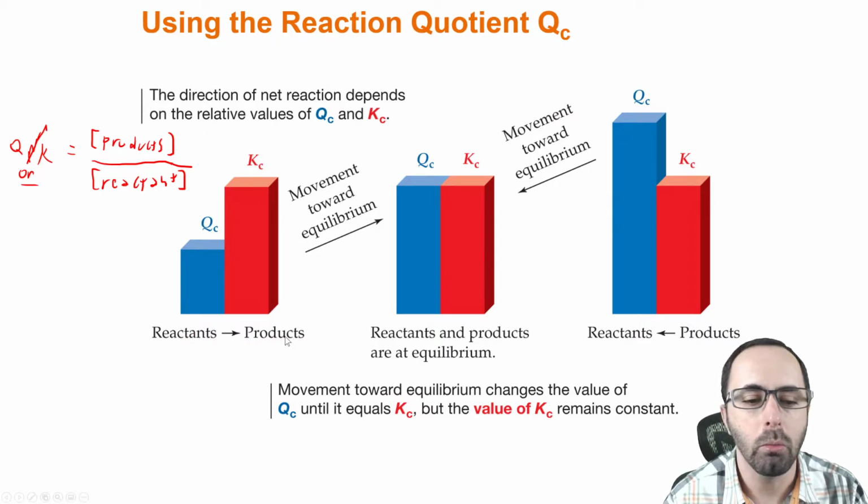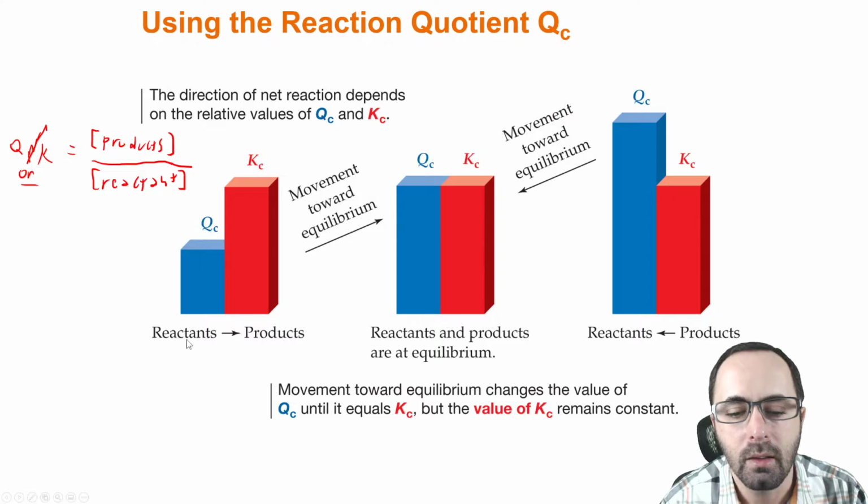This is also called moving to the right. That's a very common terminology when the reaction is moving forwards to make products from the reactants.